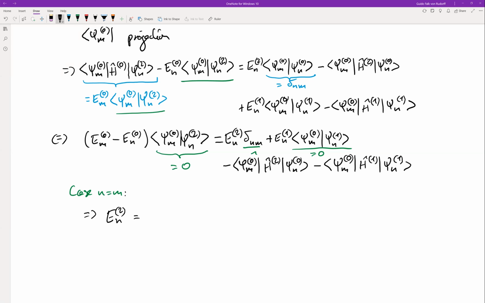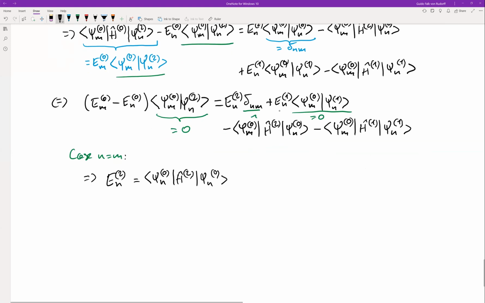And this is then psi n unperturbed times second order perturbed Hamiltonian times psi n unperturbed. And you already see where this is going. Plus psi n unperturbed times perturbing Hamiltonian times psi n1.